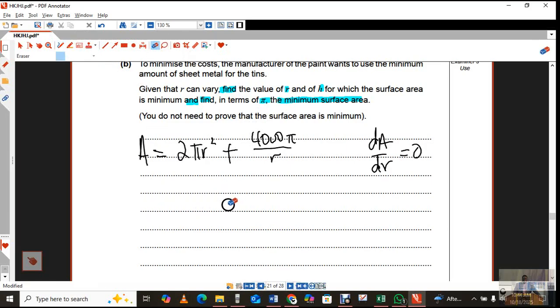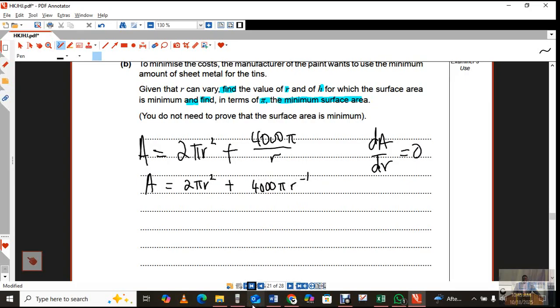Let me just rewrite what this area formula can be written as, because I don't like this fraction. This can be written as A equals 2 pi r squared plus 4,000 pi r to the negative 1.